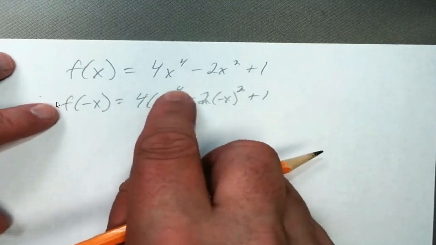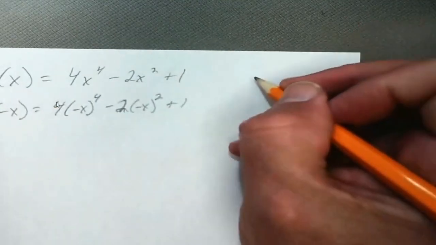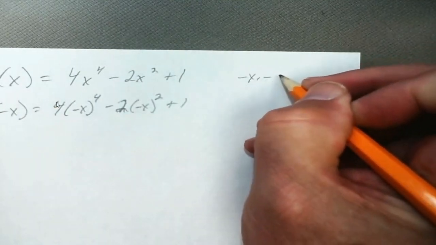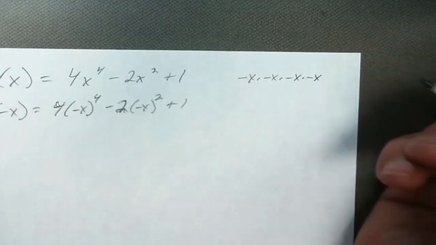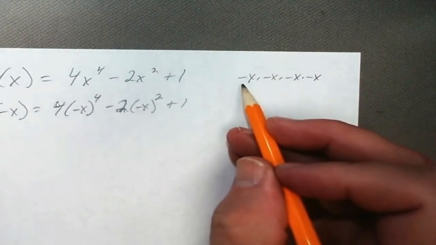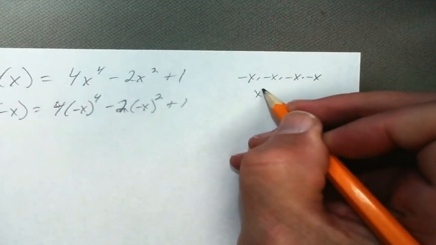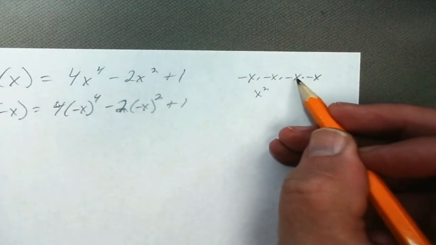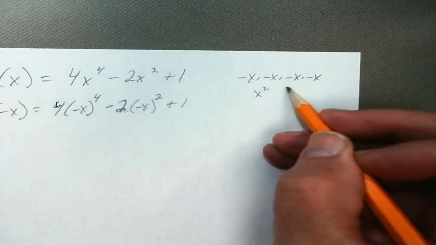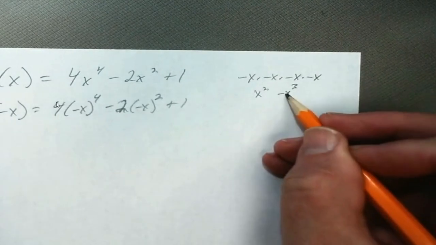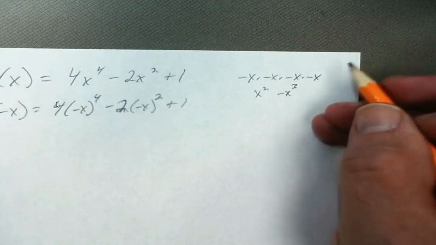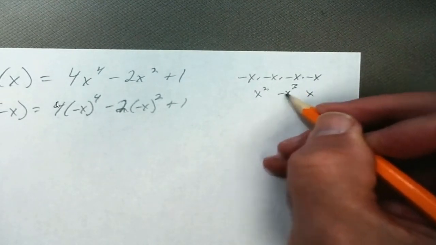Negative x to the fourth power. So that's negative x times negative x times negative x times negative x. Negative x times negative x is x squared. If I take x squared times another negative x, that's negative x to the third. And then I take it times another negative x, I'm back to positive because it's negative times a negative.